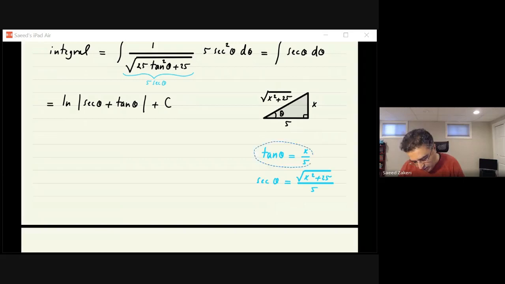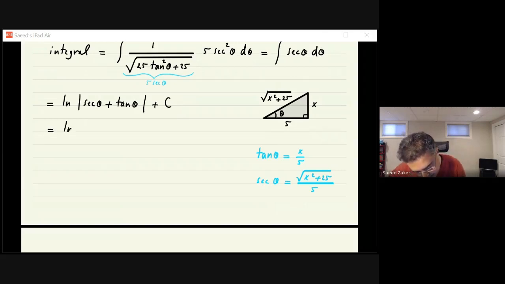So now I know both tangent and secant of theta in terms of x, so I'm going to plug them in. It's not going to be a good answer if you just leave it like this. You'll have to go back to the original variable and express the answer in terms of x.